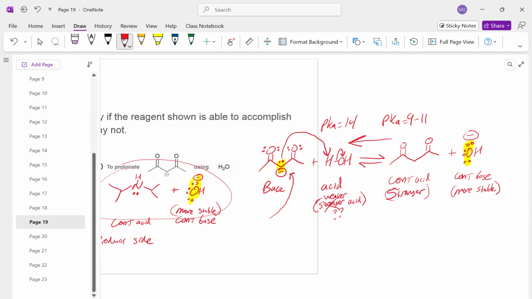So to fully answer the question, we would say, no, we can't use water to protonate this base because it's a reactant-favored equilibrium. So this is just one of those weird exceptions to know. Generally, if this were to show up on an exam, I would tell you, well, there's an exception to this equilibrium.